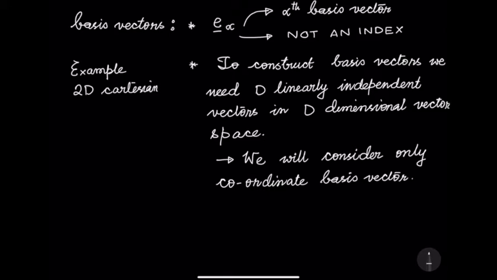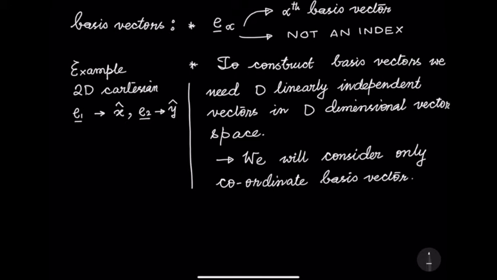I can choose my basis vectors to be, say, E1 to be x cap and E2 to be y cap. This is the usual choice, right? So these are coordinate basis because I've chosen the basis in accordance with my coordinates.